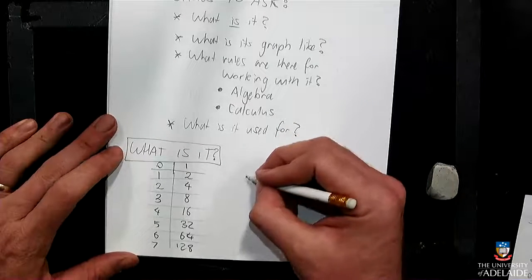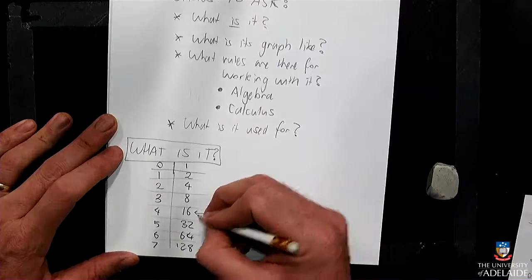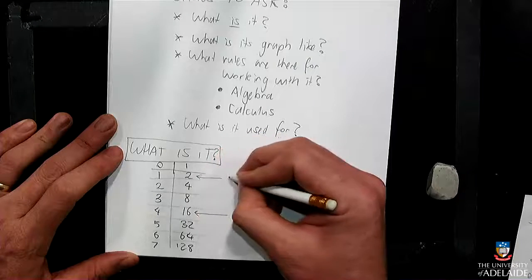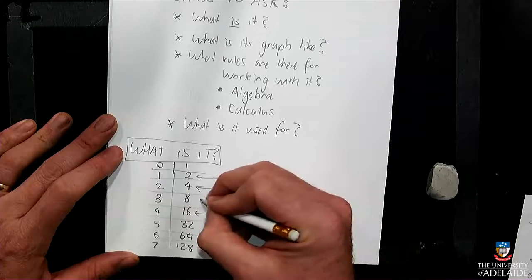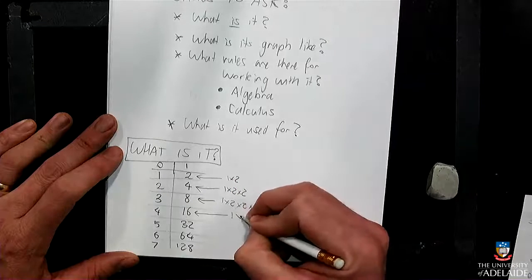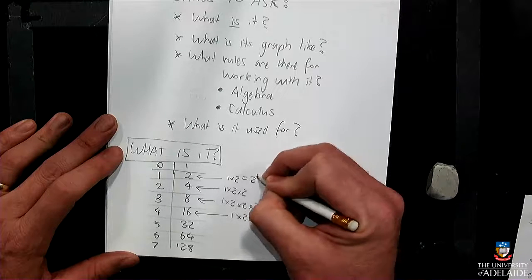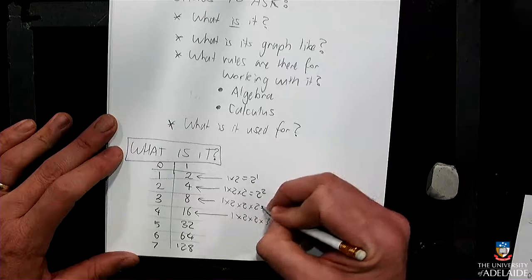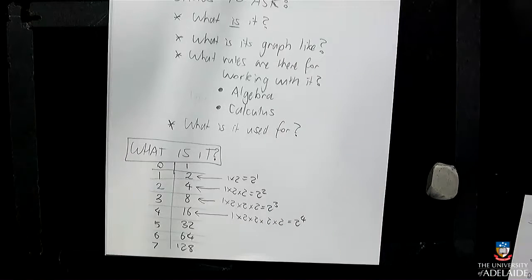So we could say that the answer here, this is 1 times 2, this is 1 times 2 times 2, this is 1 times 2 times 2 times 2, this is 1 times 2 times 2 times 2 times 2, and we would call this 2 to the power of 1, 2 to the power of 2, 2 to the power of 3, and 2 to the power of 4. Okay, cool. And these are powers, okay?